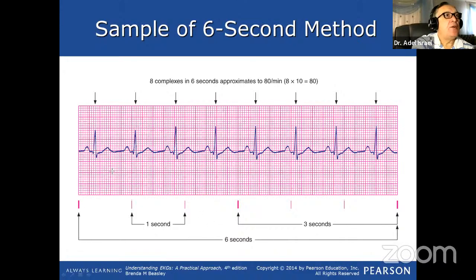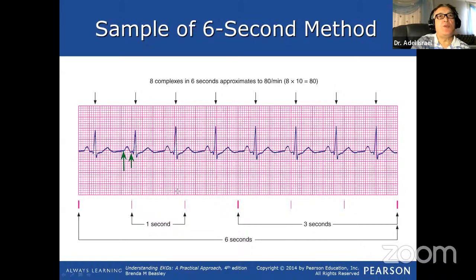Okay, now I'm repeating for the PR interval. We mentioned that the PR interval starts from the beginning of P here, and here is the beginning of the QRS.